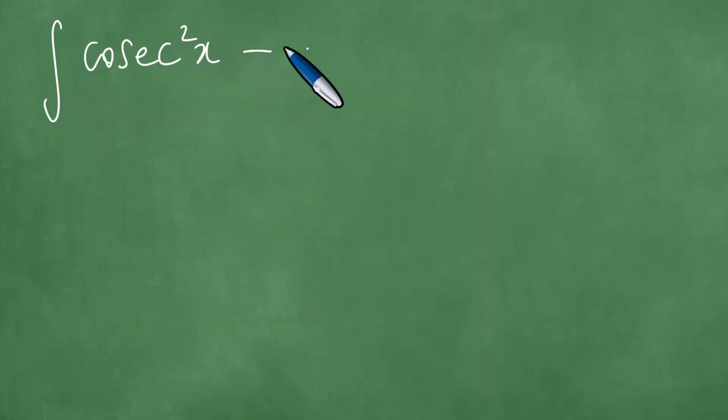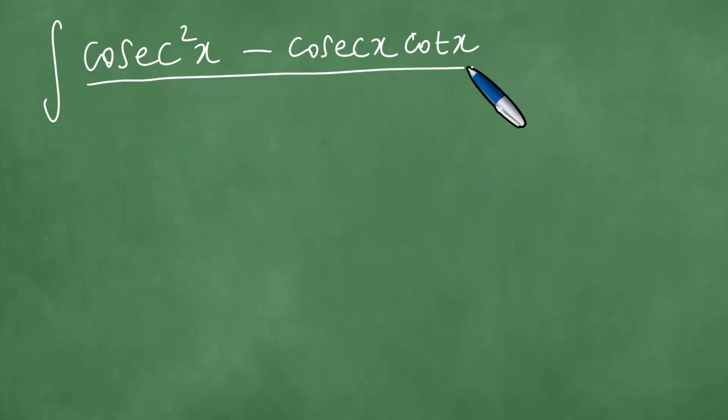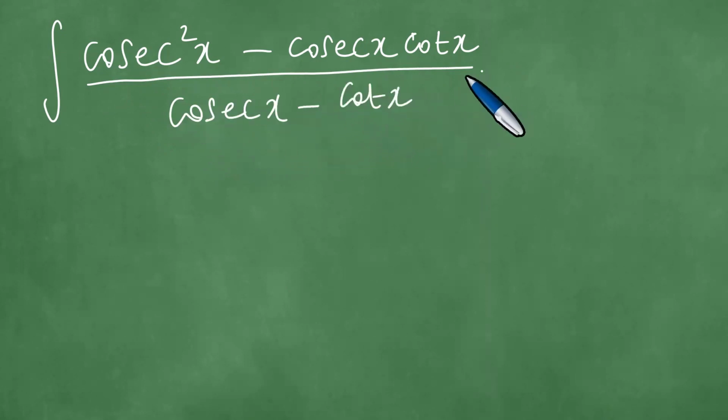We write here the last step we got, which was the integral of cosecant squared of x minus cosecant of x, the cotangent of x, divided by the cosecant of x minus the cotangent of x, dx.